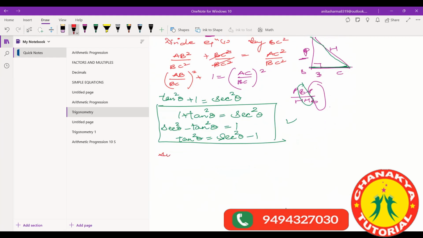What is your simplest form? Sin theta and cos theta. You have to change your trigonometry ratios like tan theta, sec theta, cosecant theta, cot theta in terms of sin and cos. First step is this.